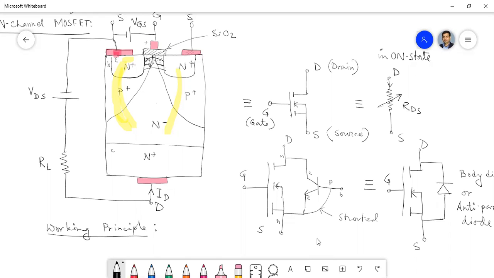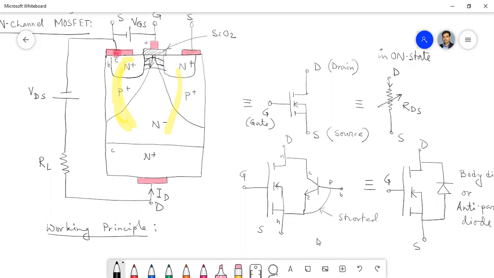Okay, so here only you are creating a channel by electrostatic induction. And you can remove this induction by withdrawing the gate voltage. So therefore, the switching frequency of power MOSFET is very, very high.